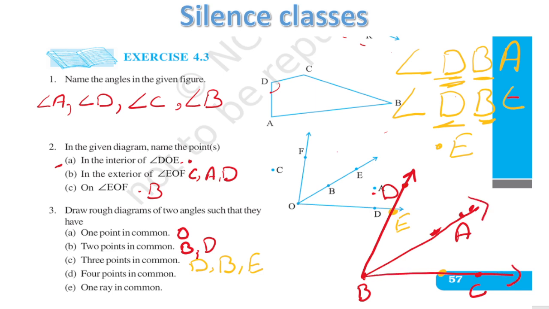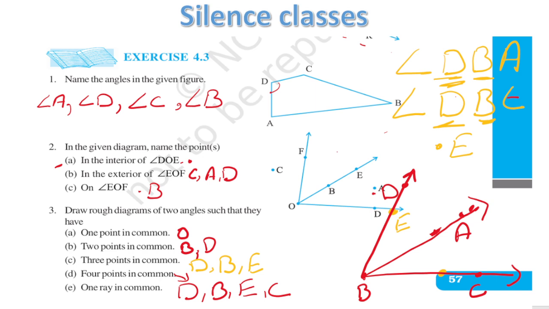So we can check D, B, C and A, B, C: D, B, E, C. All these 4 points are common.